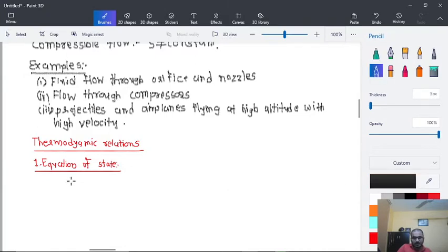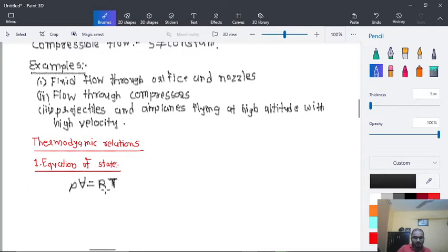We know that the ideal gas equation is PV equal to RT, where P is pressure, V is specific volume, R is gas constant, and T is absolute temperature.